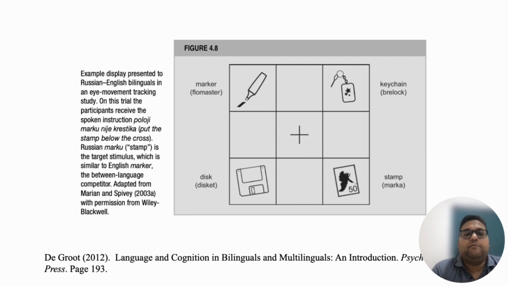Or even if they are listening to the instruction in English, let's say put the marker here or there somewhere, and marku in Russian is getting activated, they might initially get distracted with this. So these two are the critical objects here, marker and marku or stamp, whereas these two are not matching either of the languages, and therefore they are just acting as filler or distractor items.